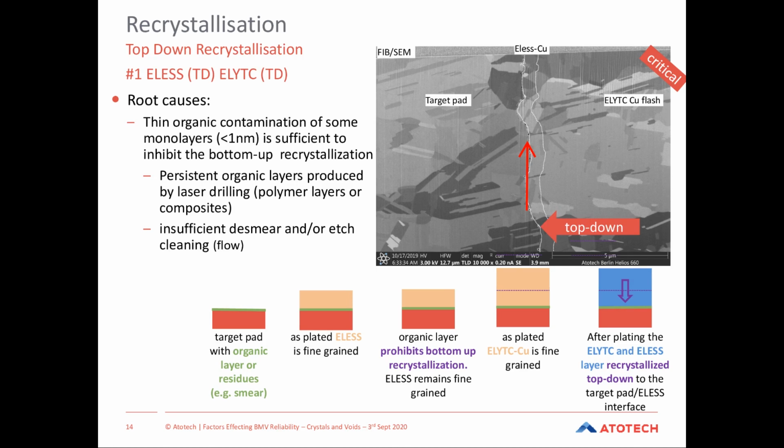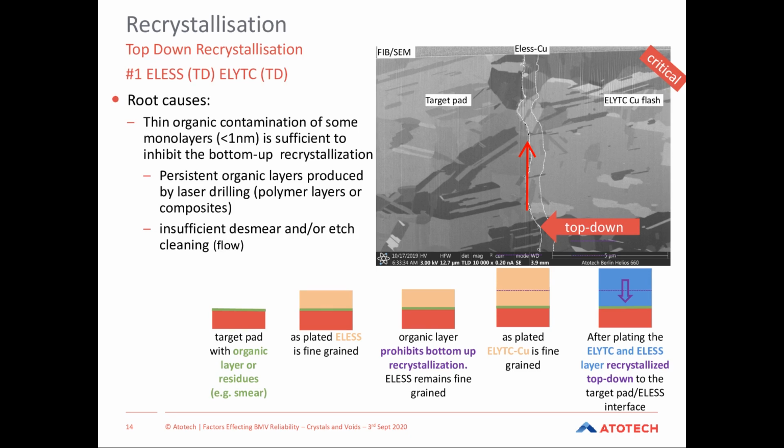The most common of these can either be very thick oxide layers on the target pads, or residues from such things as incomplete desmear or modifications or melted coppers from laser conditions as well.